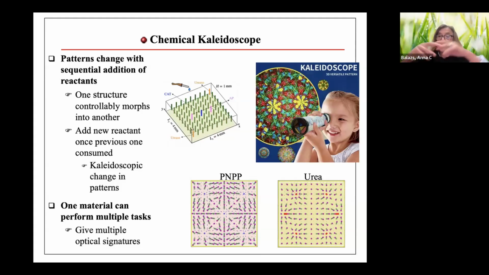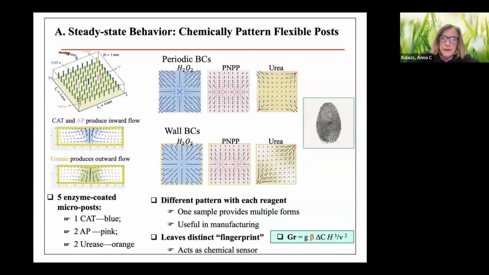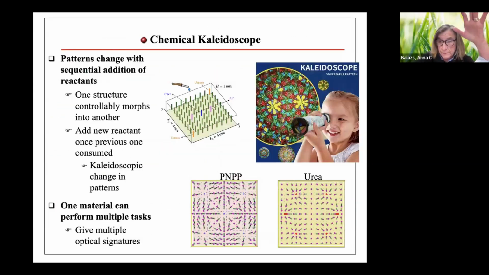Now, I remember I said I added them sequentially. Well, there's another way I can play and make other pretty patterns. I should just say that I'll also get another really pretty unique pattern if I add them all together at the same time. But let's play with adding them sequentially. I add the reactant that excites the particular catalyst, and it makes a pretty unique pattern.